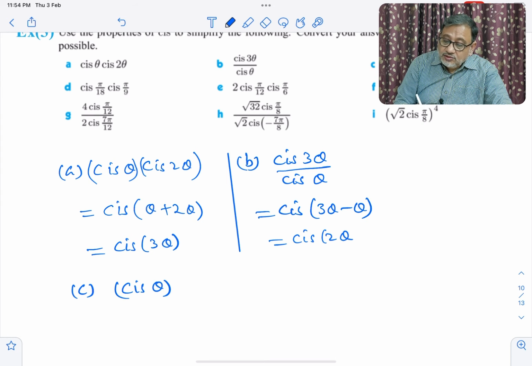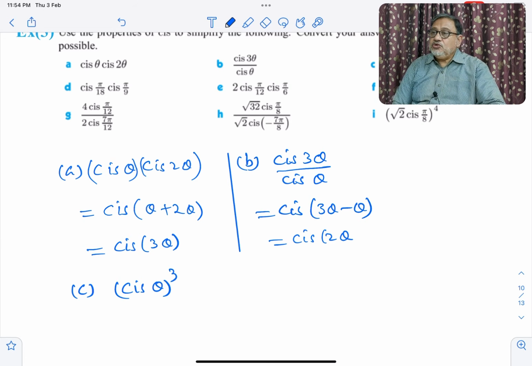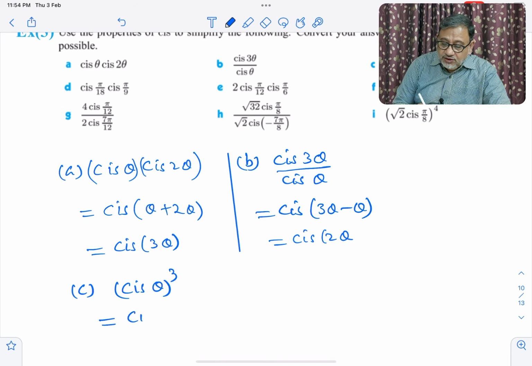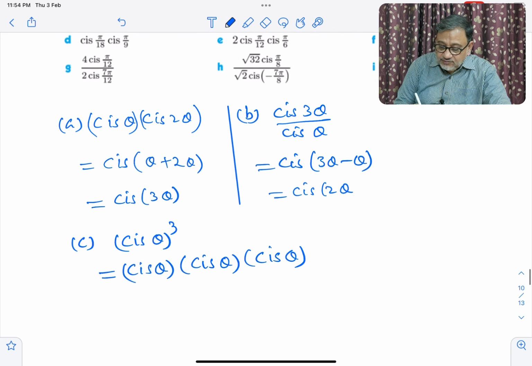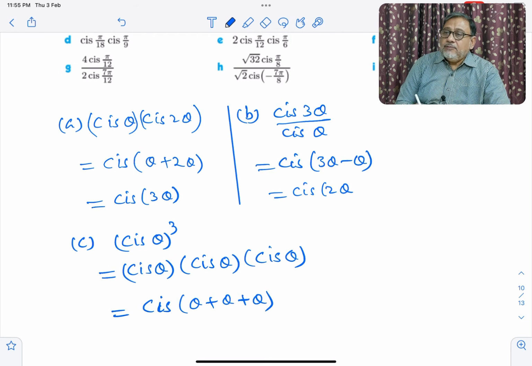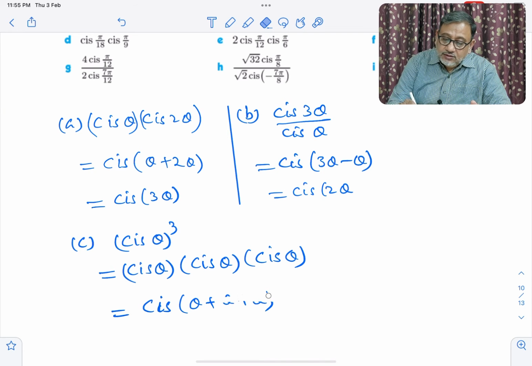Cis theta to the power 3. Okay. There is cube in the power. So now it will be cis theta multiplied by cis theta multiplied by cis theta. You can think of it like that. Okay, and because multiplication changes to plus, so it will be cis theta plus theta plus theta. Okay, we will use the first two first.